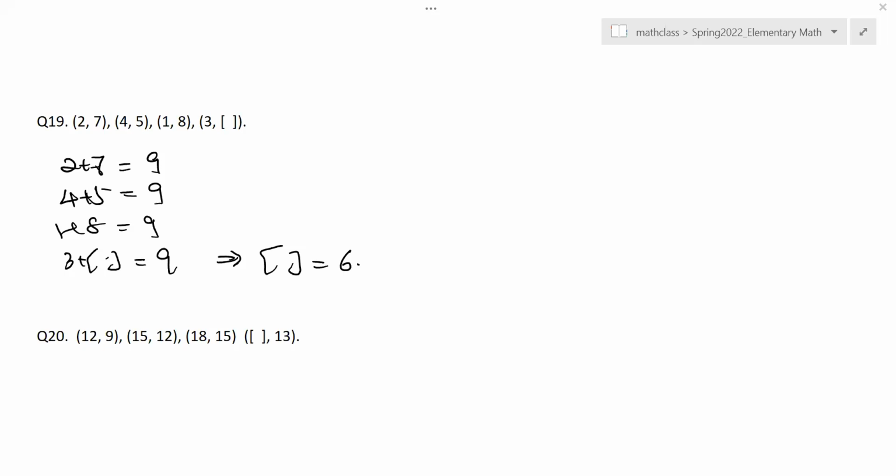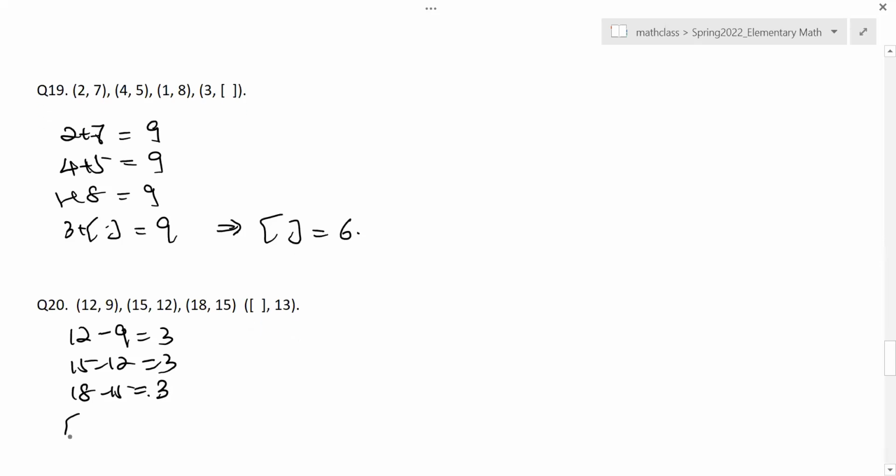I only see one different answer, but the majority answers are the same, so this should be correct. The answer is 16. Okay. The reason is the difference of the two numbers in each pair is always 3. Okay. And then that number minus 13 is 3. So that means that number is going to be 16. Right.